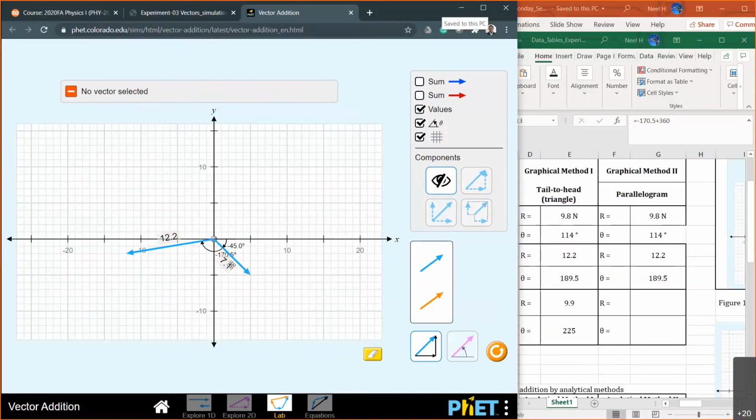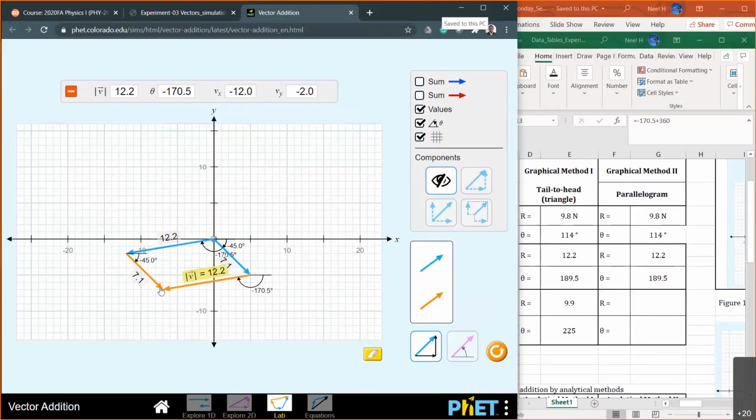Now I'm going to build the parallelogram again, right? You know how to build the parallelogram. What we need is one line exactly parallel to a vector, and that should go from the end of the other vector, and another line exactly parallel to the other vector, which should start from the end of the previous vector.